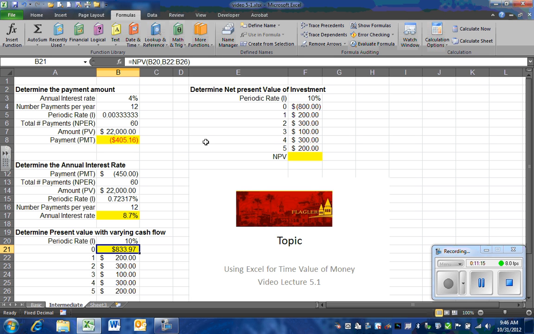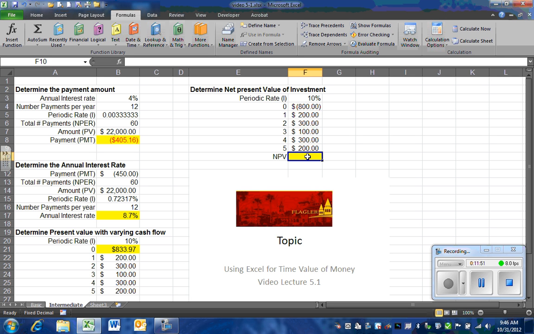And it can be solved using the NPV formula, but there is a trick that is unique to Excel. So let's go back and look at a situation here where we have an investment of $800, and we're showing that as a negative amount as an outflow. And we have an uneven cash flow.